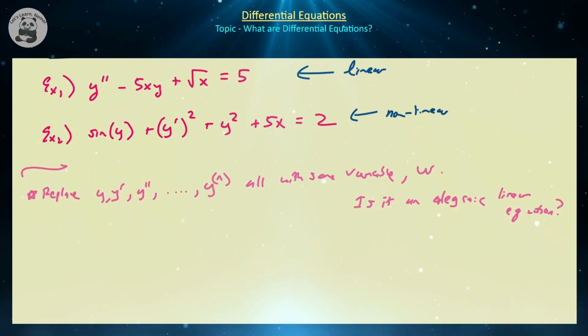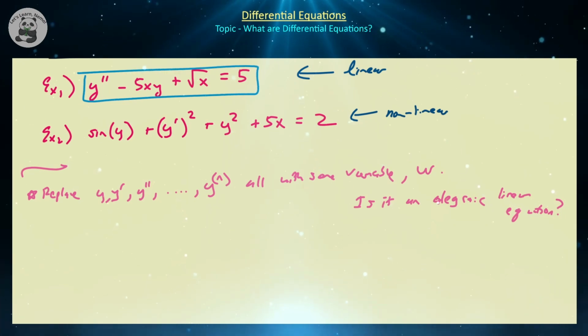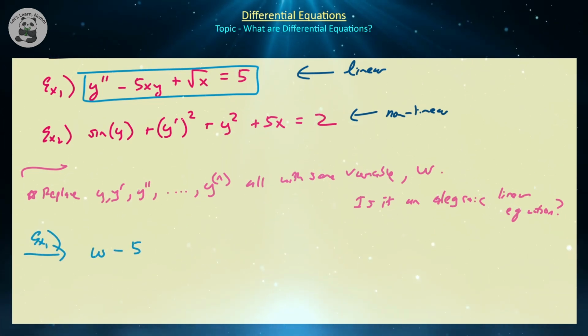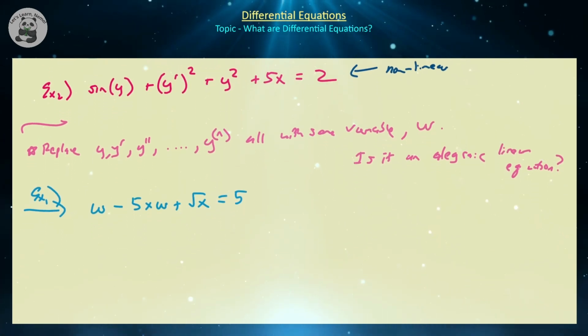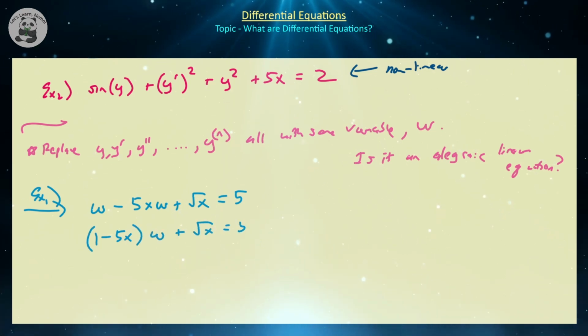So if we look at this first equation, what exactly would we have when we replace all the derivatives, including the zeroth derivative, with w? That's going to give us, for our first example, w minus 5xw plus square root of x is equal to 5. So I can factor out my w, so I'm going to have 1 minus 5x times w plus the square root of x is equal to 5.